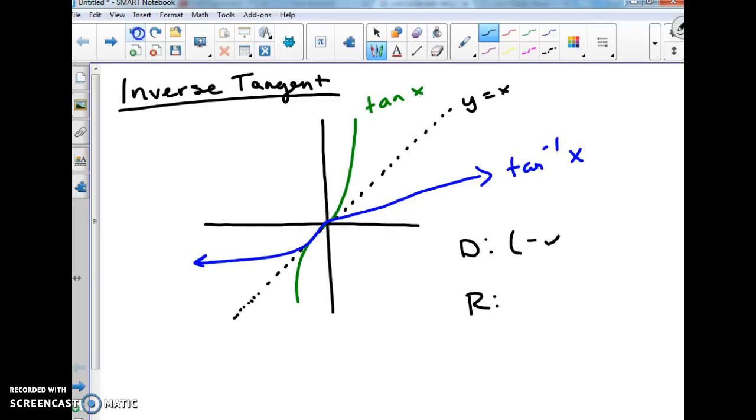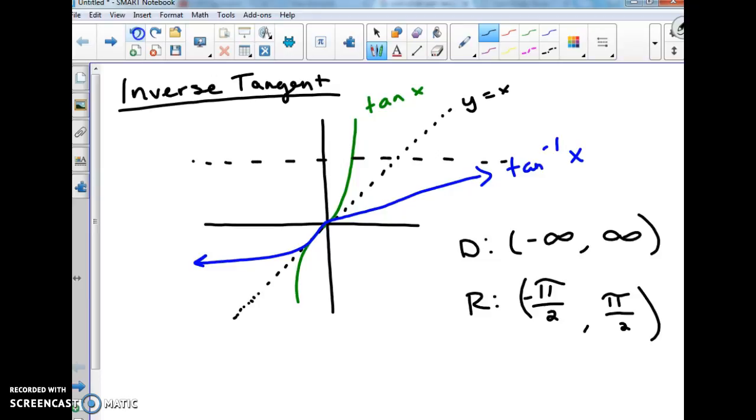So the domain goes from negative infinity to positive infinity, and then my range, if I'm just looking at just this one, is going to go from negative pi over 2 to positive pi over 2. And the reason why is because, like I said, you'll have those horizontal asymptote lines, one's at negative pi over 2 vertically and the other one's at positive pi over 2. And those are just going in our increments there.